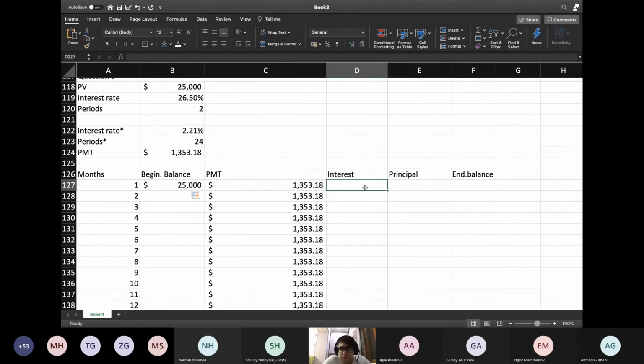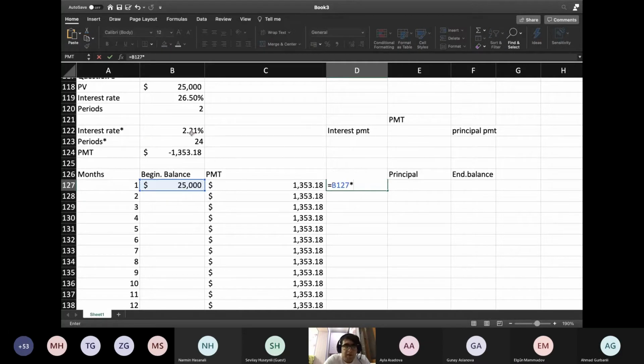We have interest payment. Guys, the payment overall consists of two components: one is interest payment, and the second is principal payment. Interest payment you find by multiplying the beginning balance, the money you took from the bank, by the monthly interest.